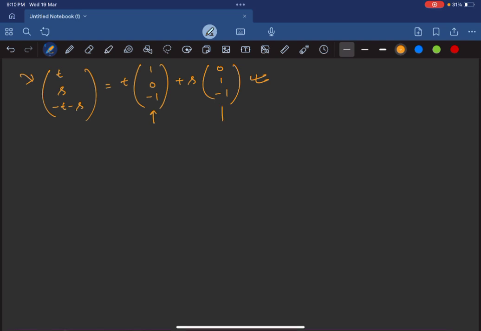So basically this is one eigenvector and this is another eigenvector corresponding to lambda equals minus 2. For the time being we can take this one as v2 and this one as v3, that is (1, 0, minus 1) and (0, 1, minus 1).